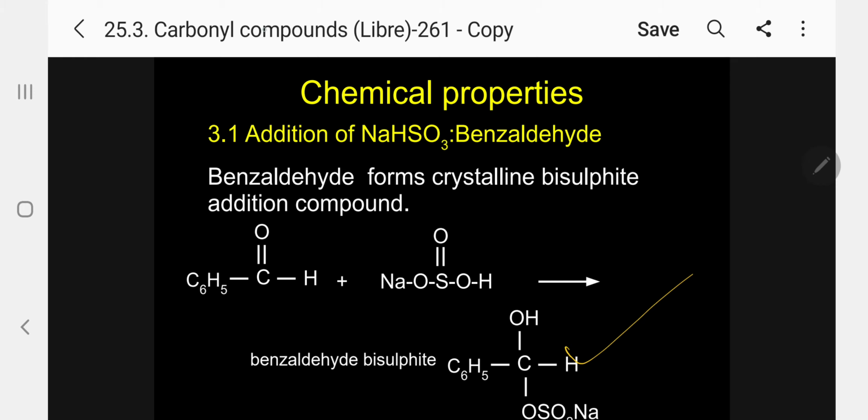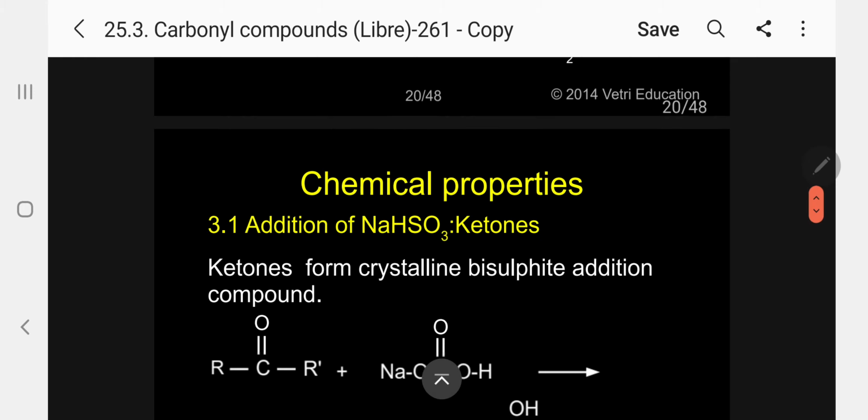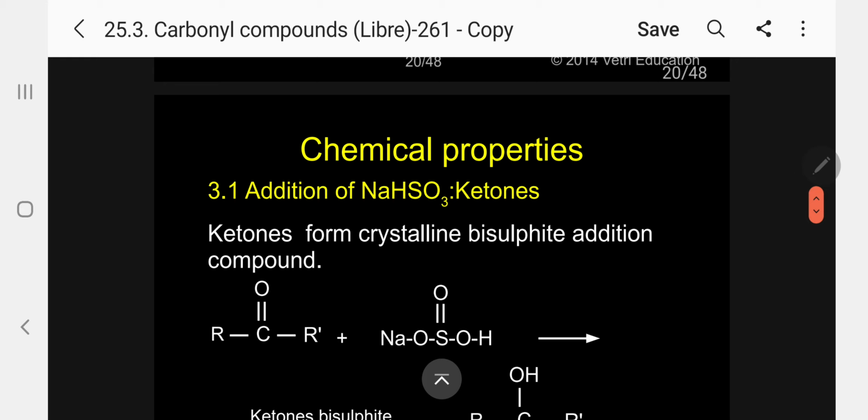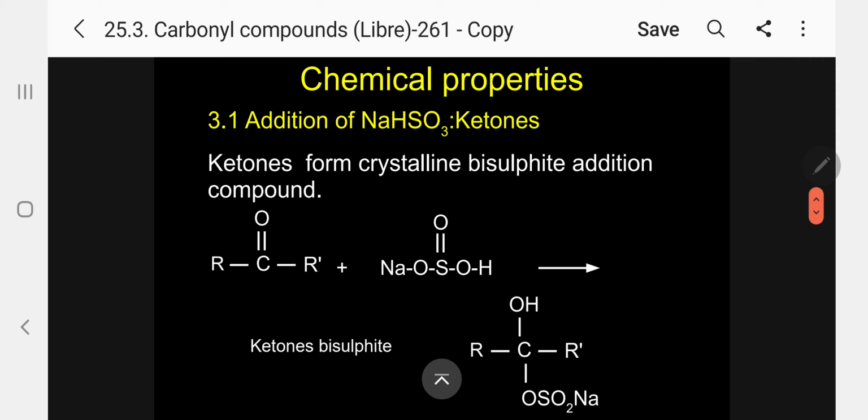Very, very easy. Coming to ketone, please follow. Ketones form corresponding crystalline bisulfite addition compounds. This is the general formula given here. This is general for ketone.